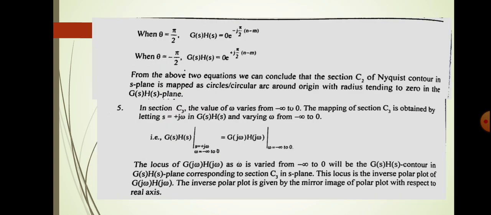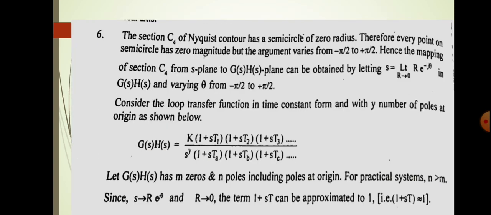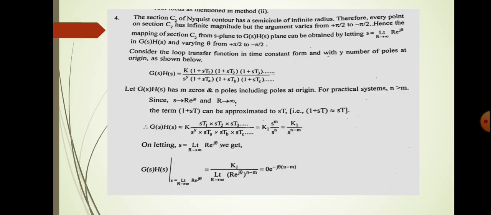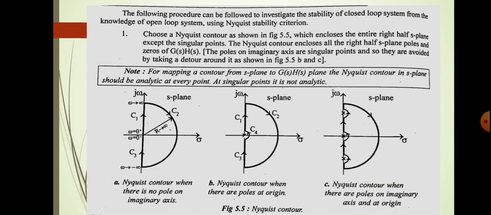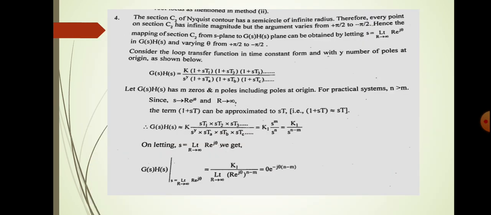So the section C4 of the Nyquist contour is a semicircle of 0 radius. Therefore, every point on the semicircle has a 0 magnitude, but the argument varies from minus pi by 2 to plus pi by 2. Here the direction of that contour is from the lower to the upper side.